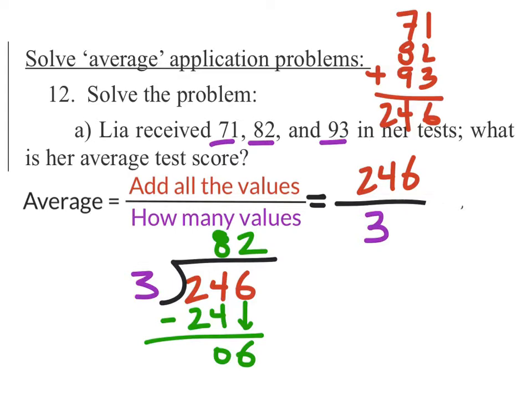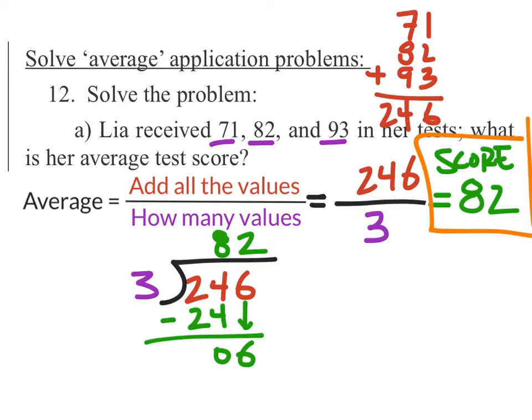So the final answer for this one is 82. You could put points or whatever. It didn't really say what it was measured in, so a score, something like this, okay? Just so we know that the answer is labeled.